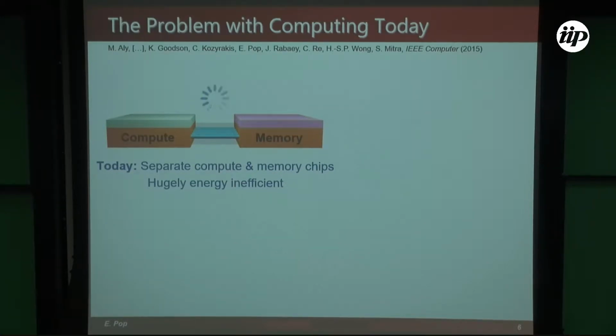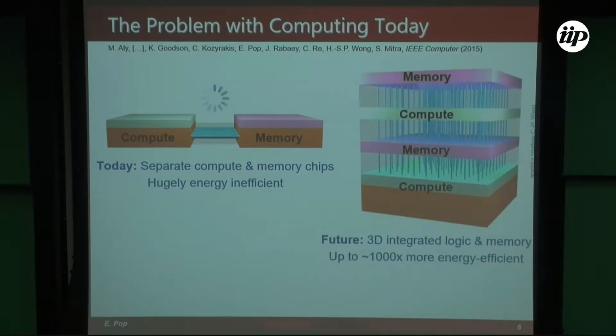And memory here can mean the DRAM, which is obviously a separate chip. It could also mean the hard drive, which these days is flash. It's also an entirely separate chip sitting somewhere else, right? So it takes a long time to retrieve data from memory, and when you do data-abundant computing, this is really becoming the real bottleneck, not necessarily having smaller transistors.